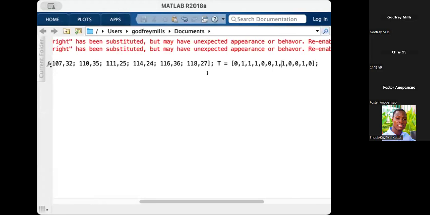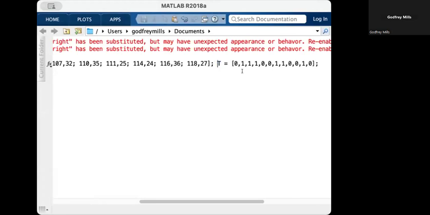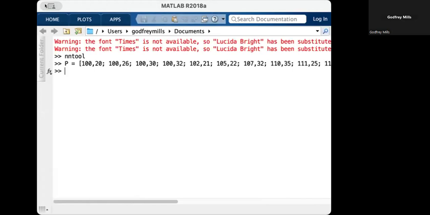Let me do a test script so that I can see. I wanted to do this on the command line. Please give me one minute to do this. So let me now come back here.